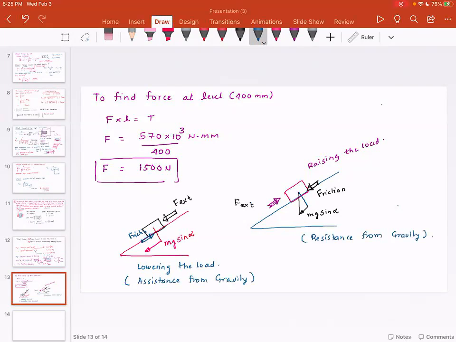Now, whenever you are trying to look at the design, you will always design for the maximum possible loads, maximum possible torques, and maximum possible dimensions. So the case under consideration is resistance from gravity, which requires you to have a higher torque, and that is what we should consider when we are trying to solve for the torque required.